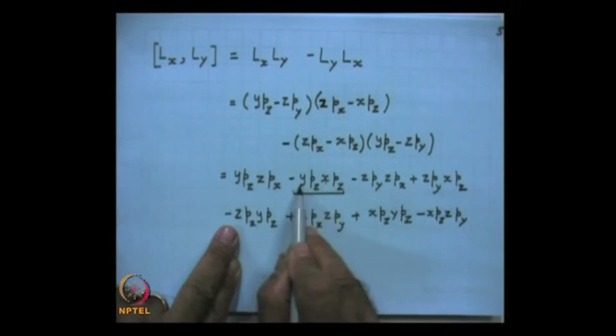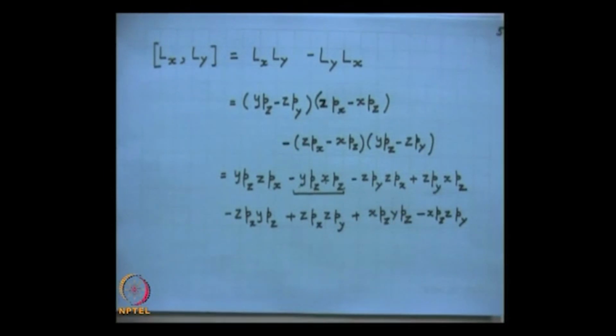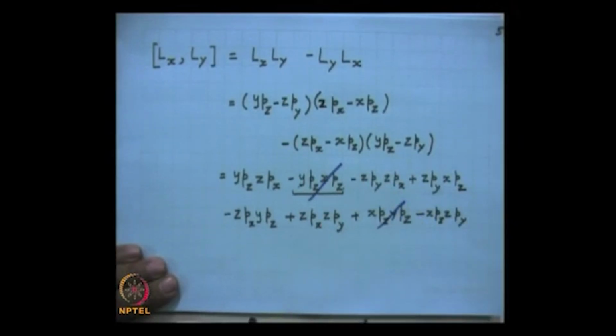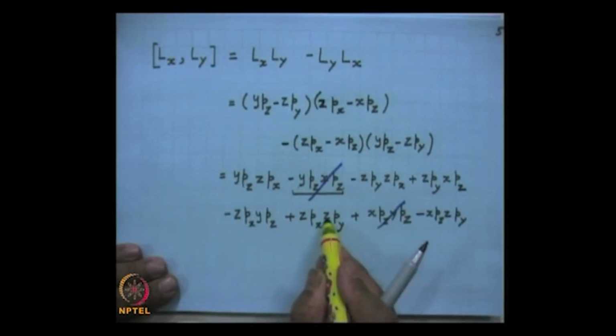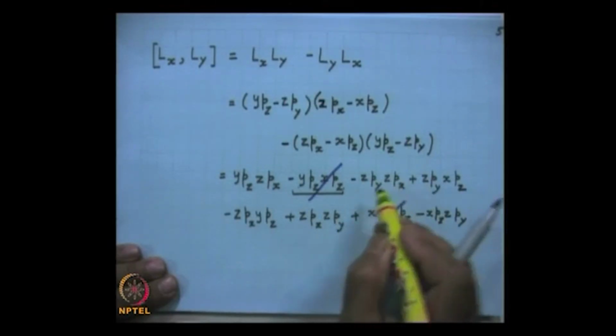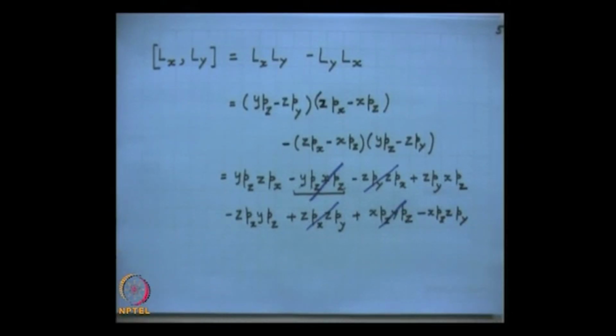So, x y p z p z, x y p z p z. So, this term will cancel out with this term. Similarly, here I can take z here, z square p x p y. This is z square p x p y. So, this term will cancel out with this term.